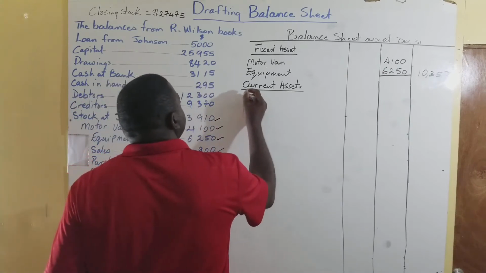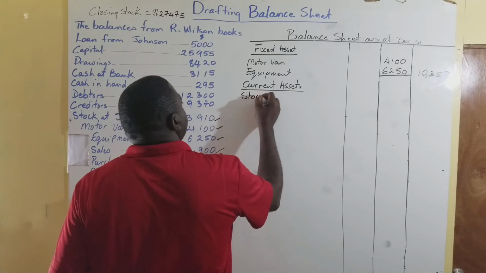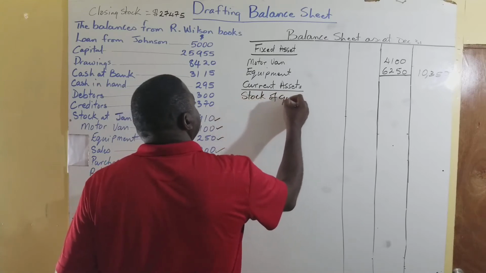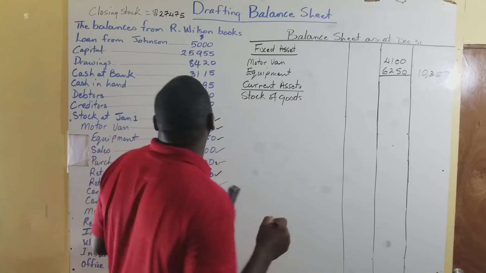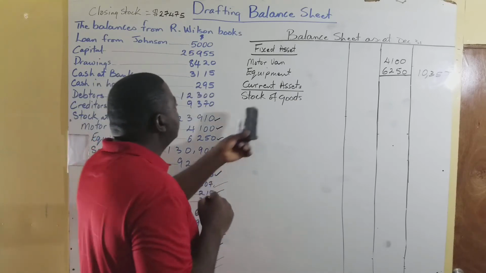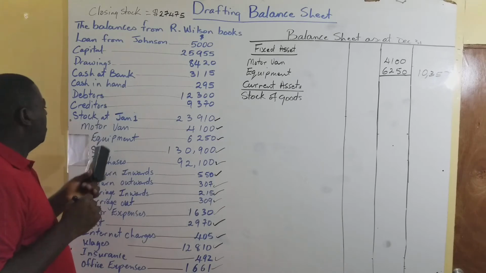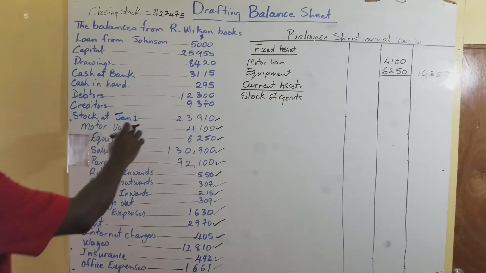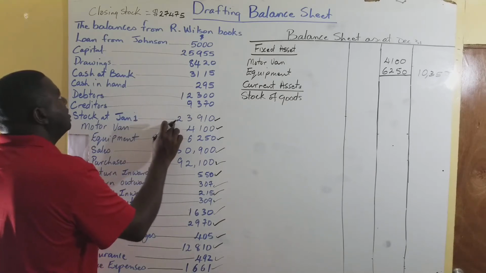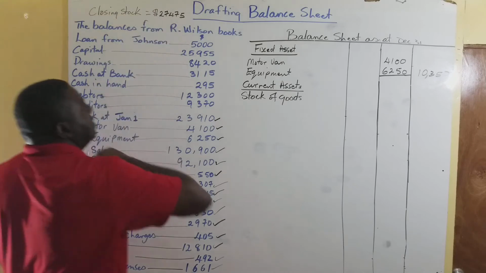So we're starting with stock. Stock of goods, another name for inventory. Now, the stock that we use here is not the opening stock, which is stock at January, but rather the closing stock, which is this one.